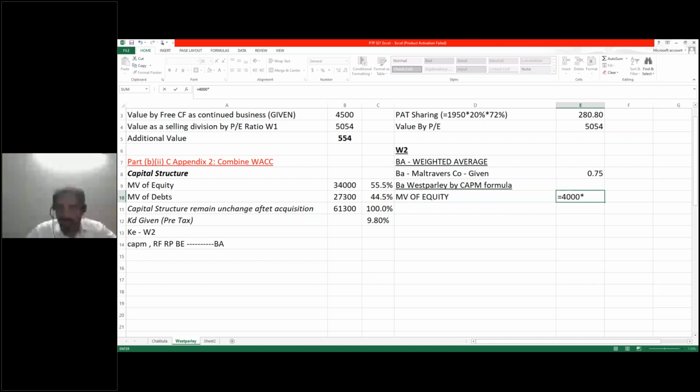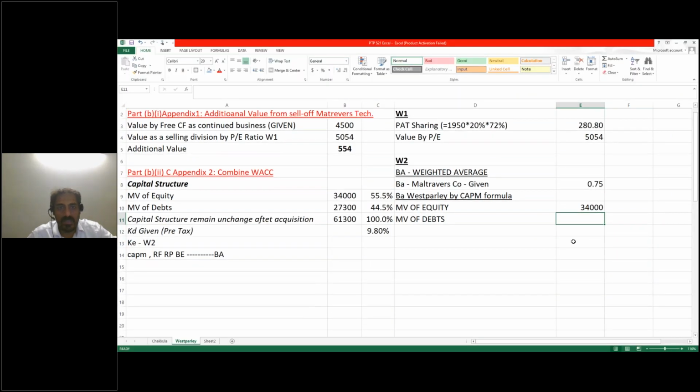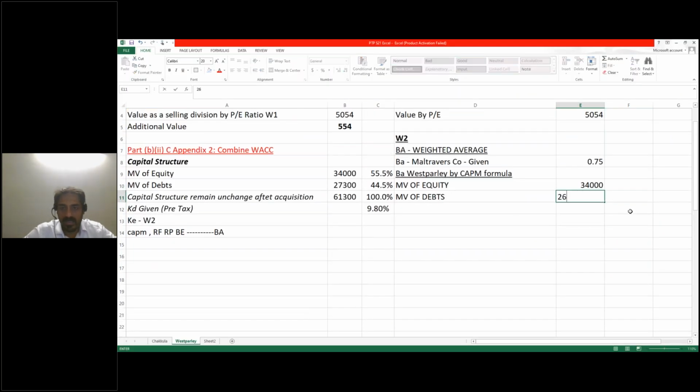E is equal to 4,000 multiplied by 8.5, that is 34,000. What about the market value of debts? That's 26,000 here, multiplied by 1.05.